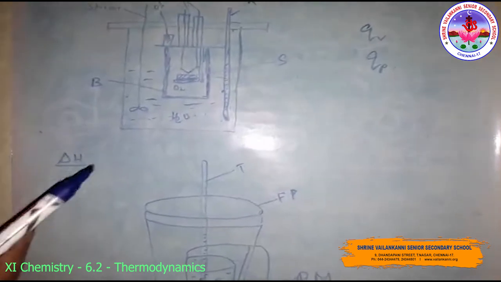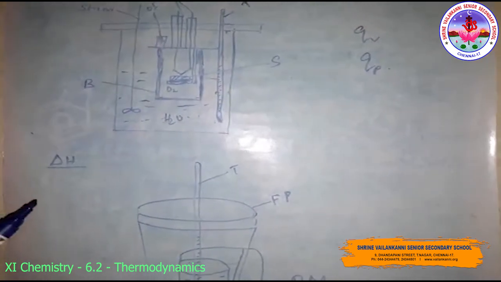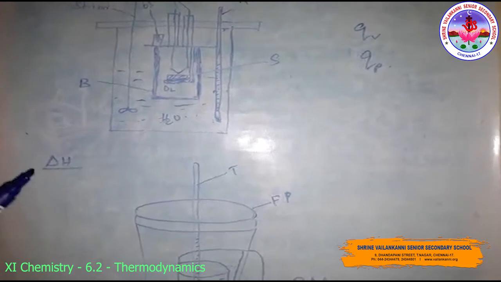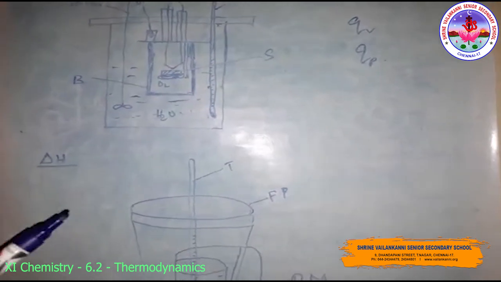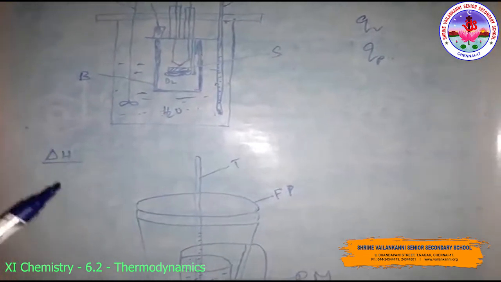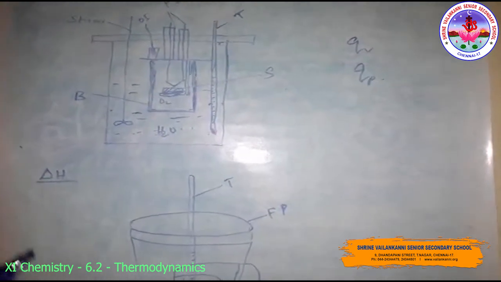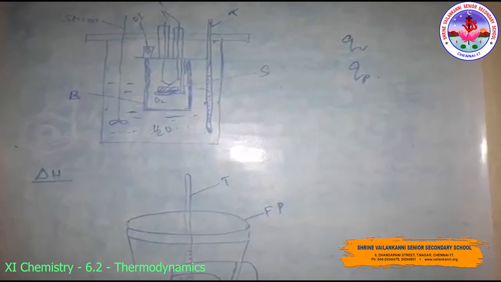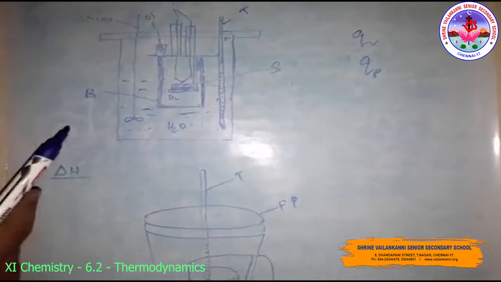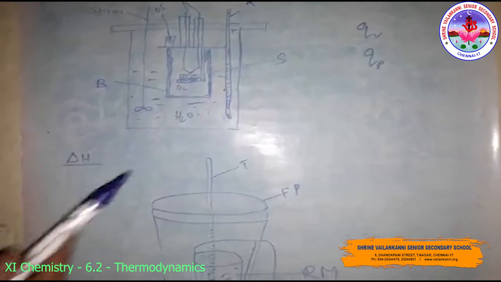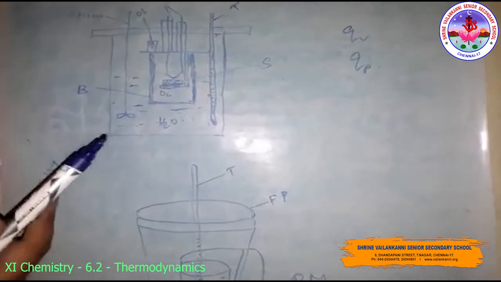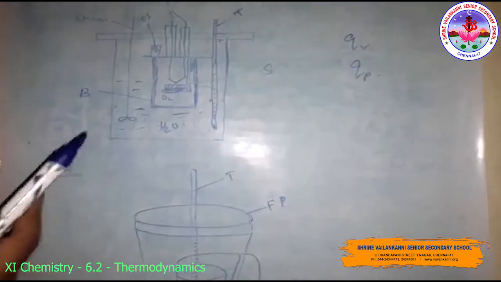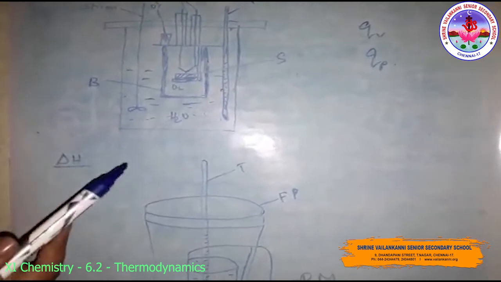The steel vessel is immersed in a water bath to ensure that no heat is lost to the surroundings. A combustible substance is burned in pure dioxygen supplied in the steel bomb. Heat evolved during the reaction is transferred to the water around the bomb, and the temperature is monitored. Since the bomb calorimeter is sealed, the volume does not change.